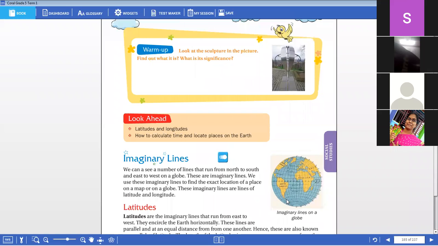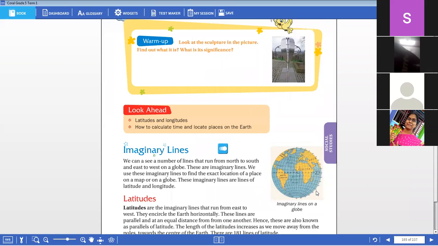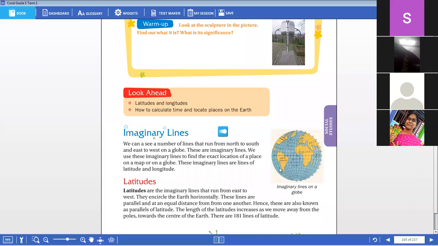I hope you can see it. Similarly, from east to west also there are many lines which are called imaginary lines, children. The lines are not present exactly on the earth, just an imagination. Imaginary lines are present on it. Okay, children?